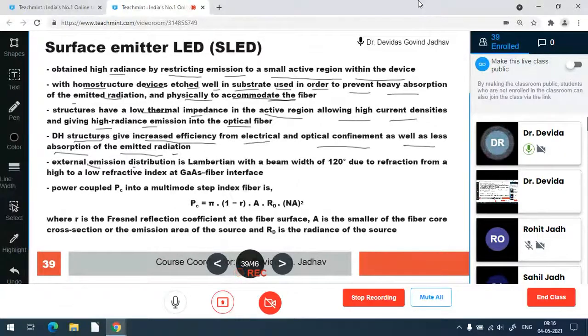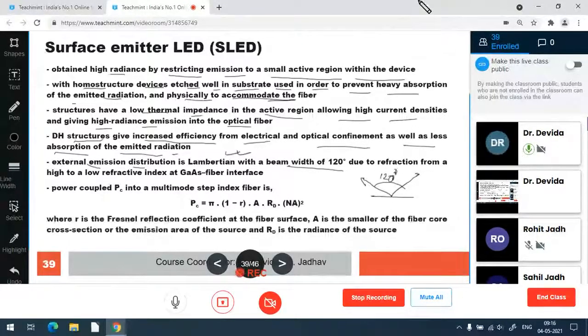The external emission distribution is Lambertian. Since it is surface emission, of course the emission will be Lambertian. Lambertian means a beam width of 120 degrees. So if this is the surface, it emits photons in about 120 degree divergence. Okay, the beam has a total of 120-degree divergence.